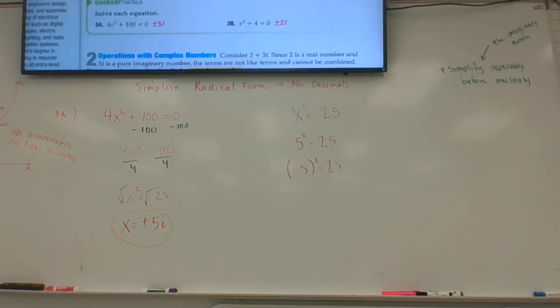Do it like normal, put an i in it. Any other questions? Alright, so an i in your answer is an indication that your parabola didn't touch your x-axis. It was up here or it's down here. An imaginary answer.